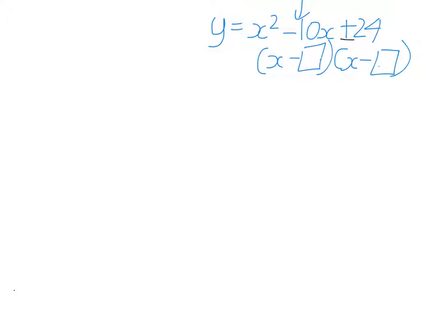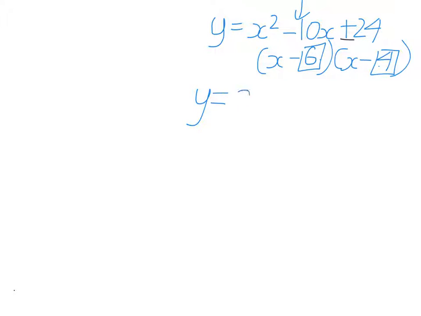So factors of 24 that add to 10 are 4 and 6. So it'll be negative 6 and negative 4. Sometimes the numbers will both be negative, sometimes both positive, sometimes one will be positive and one negative. I just want to give you one more example.